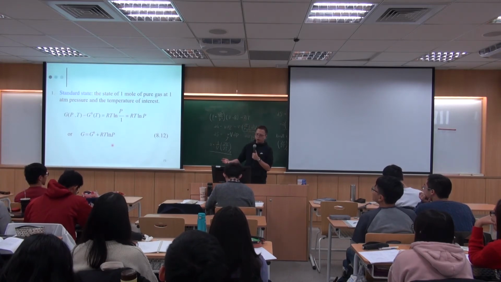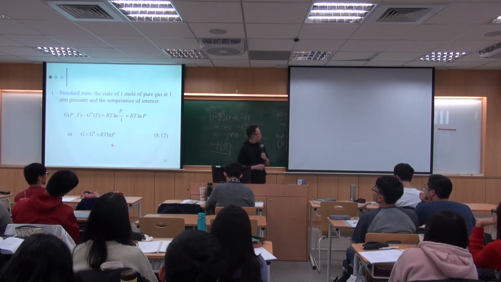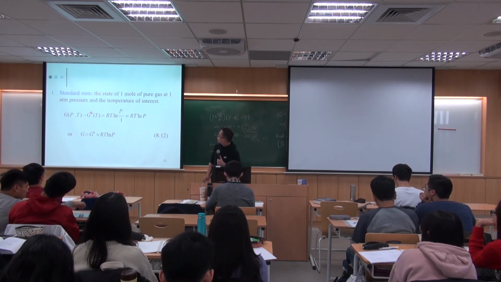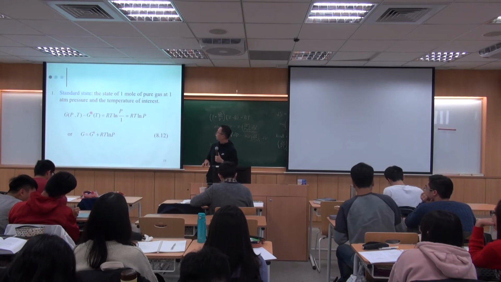So if you're dealing with 1 atm of pressure, typically we'll put a 0 on the upper right-hand side of the Gibbs free energy, which means that it is the condition where the pressure is at 1 atm.